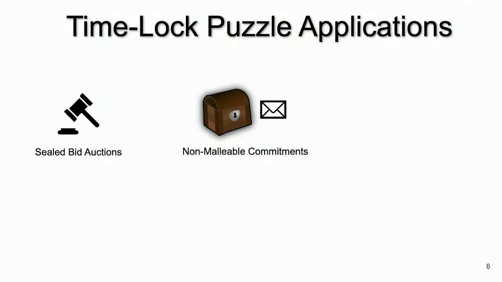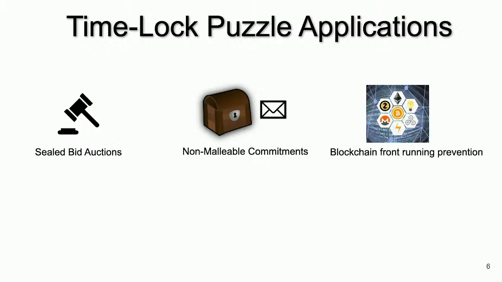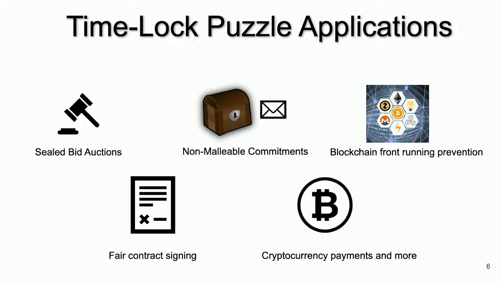It has applications to non-malleable commitments, which I won't go into, and also blockchain front-running prevention, fair contract signing, cryptocurrency payments, and more. Basically, you encrypt your transaction for a certain amount of time so that nobody can read it, so they cannot perform certain adversarial attacks. That's the high-level idea of how most of these applications work.